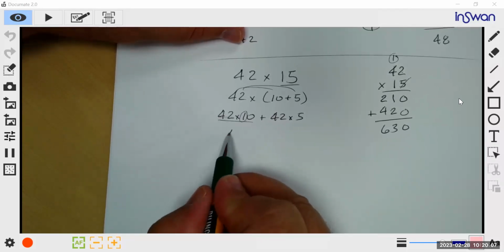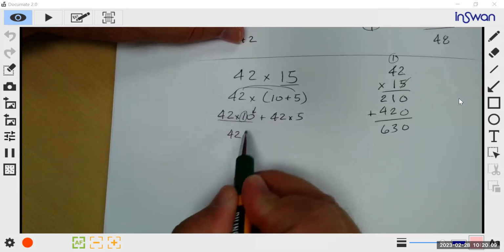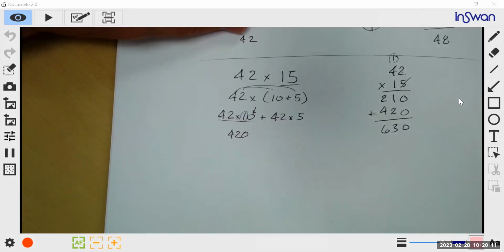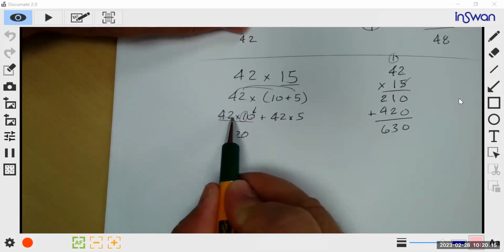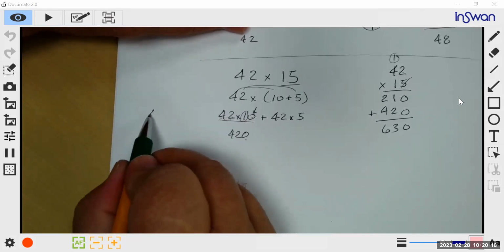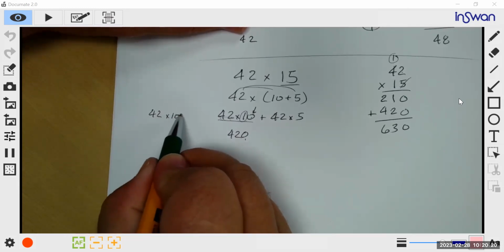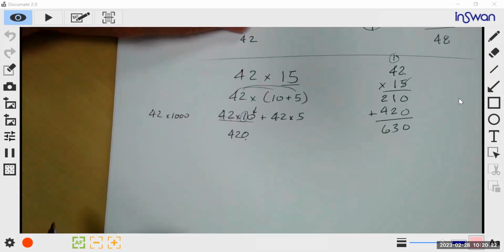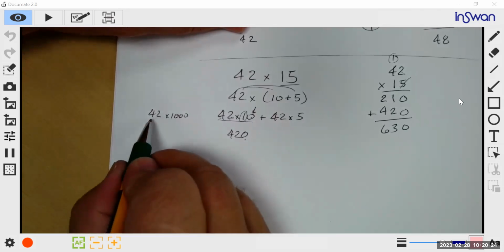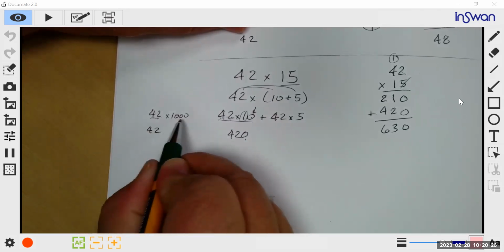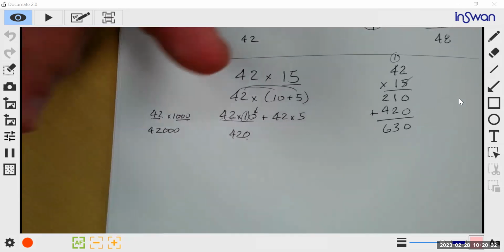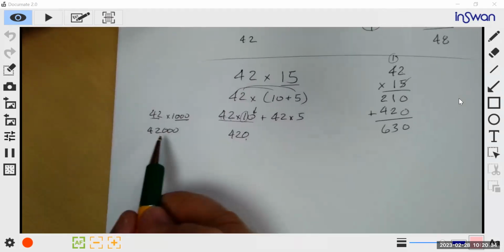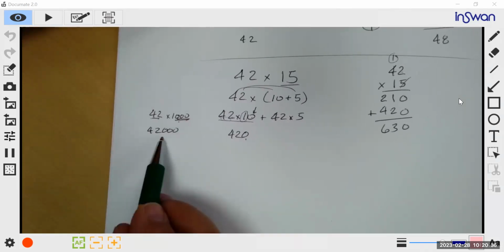So that's the number. Just put how many zeros there are after that 1. So 42 times 10 is 42 with 1 zero. 42 times 1,000 would be what? 42 with 3 zeros. So when you multiply by tens, hundreds, thousands, 10,000, it's just put how many zeros are back there after it.